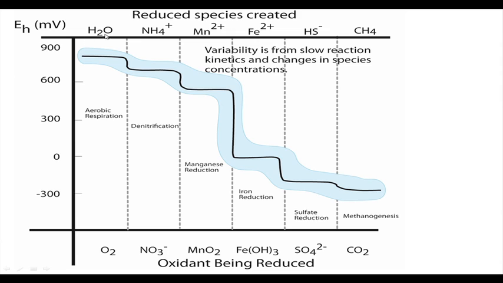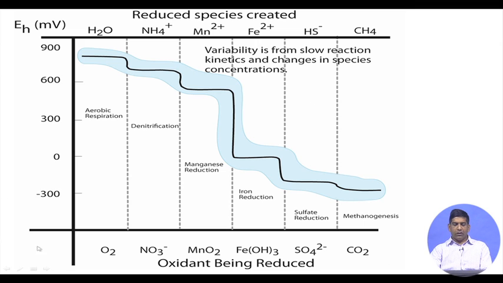If you look at this sketch again, the reduced species are created in sequence: in aerobic respiration we have water, which is the reduced species; in denitrification, you have ammonia and ammonium ion; then manganese reduction, iron reduction, sulfate reduction, and finally methanogenesis, where you produce methane gas. These are the oxidants being reduced: oxygen, then nitrate, then manganese oxide, then iron oxide, then sulfate, then CO2.